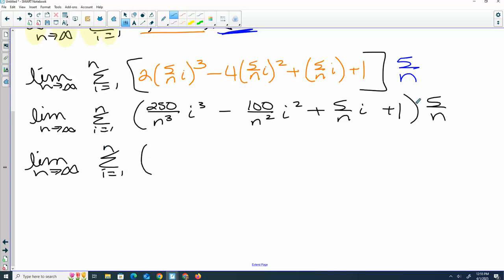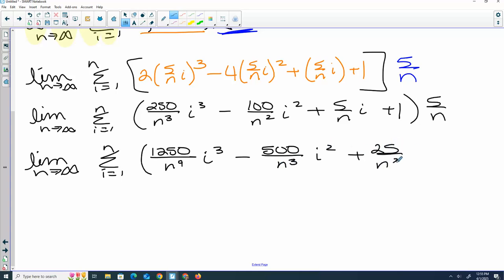Alright, so 250 times 5, 1,250, n cubed times n is n to the 4th, i cubed. 100 times 5 is 500, n squared times n is n cubed, i squared. 25 over n squared i. That's 5 over n. Is everyone with me to this point?